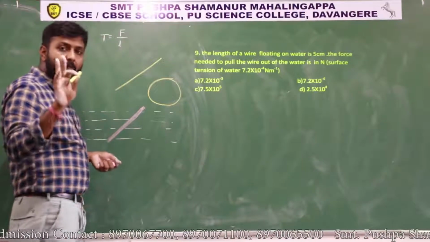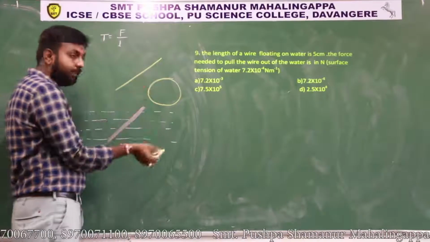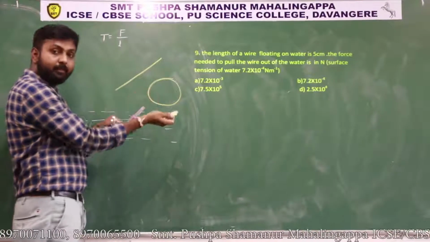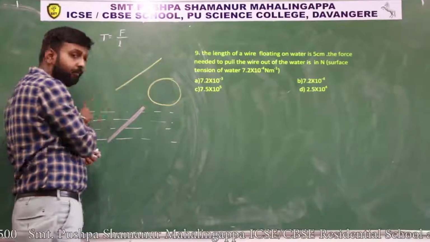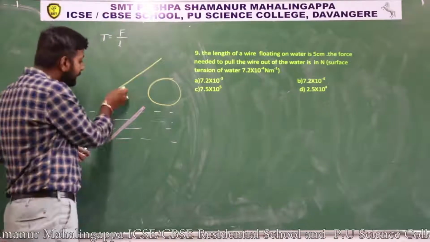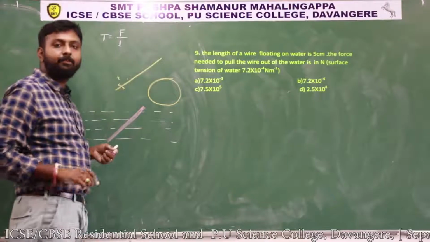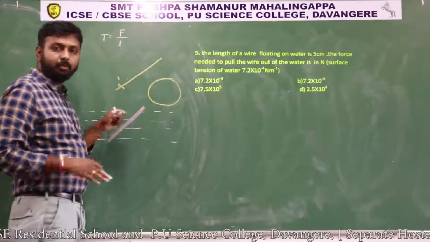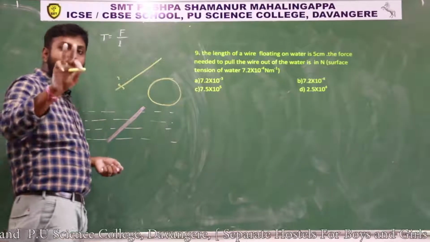We have to consider two surfaces. In the case of ring, you can see inner surface and outer surface. In the case of rod or wire also, you can consider this is one surface and this is the other surface. I hope you understood.